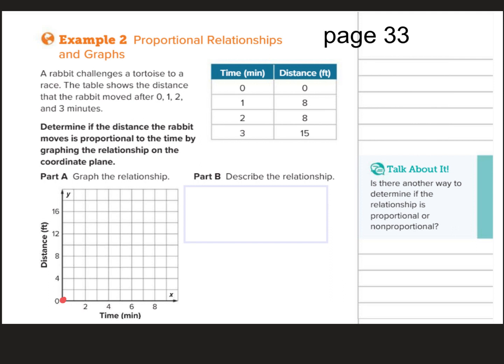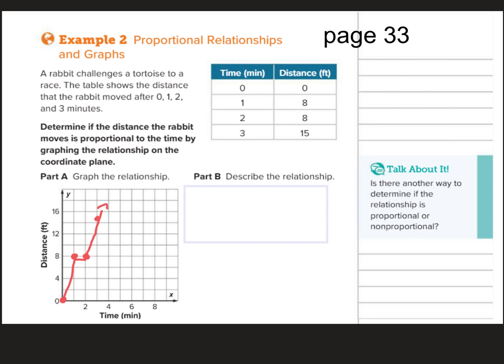The next point was 1, 8, so we'd go over 1 up to 8. The next point is 2 minutes, and feet is still 8, and 3 would be 15, which would be graphed right there. So if we connected these dots, we would start at 0, 0, go up, across, and up, just like that.